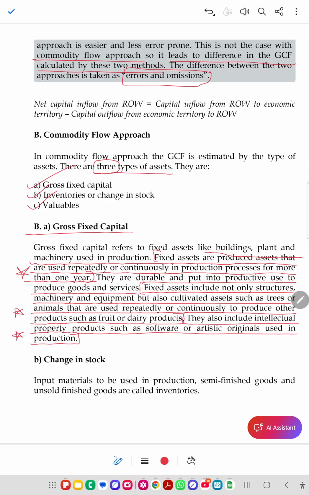Change in stock. Input materials to be used in production, semi-finished goods and unsold finished goods are called inventory.